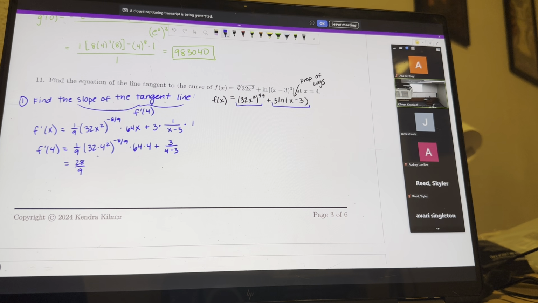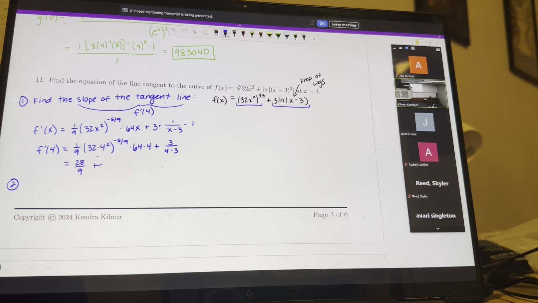Okay, so this is the slope of the tangent line. How do I find the y-coordinate of the point that the line is passing through? Before we get into finding the equation of the line, we need to have a point, right?